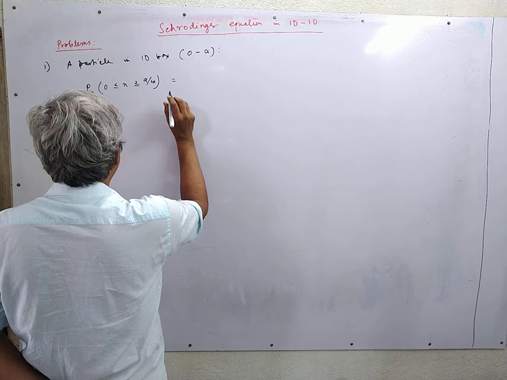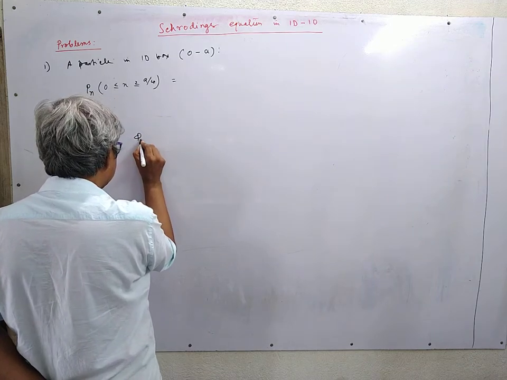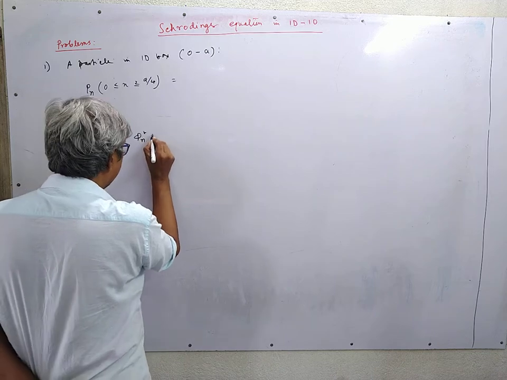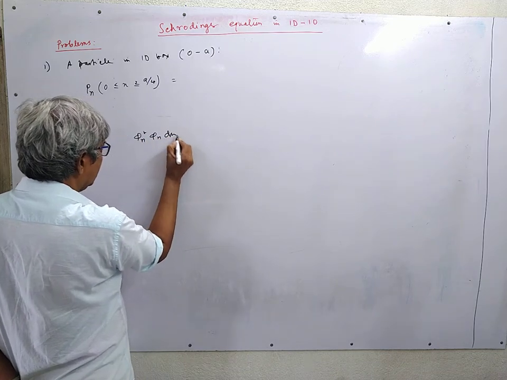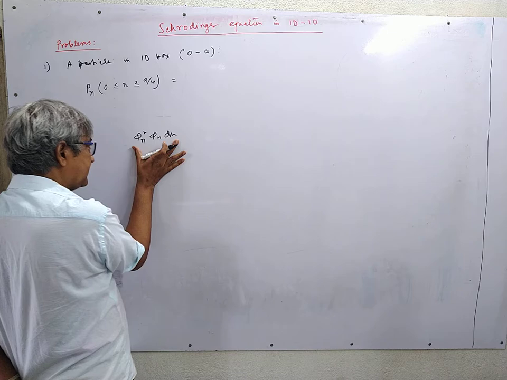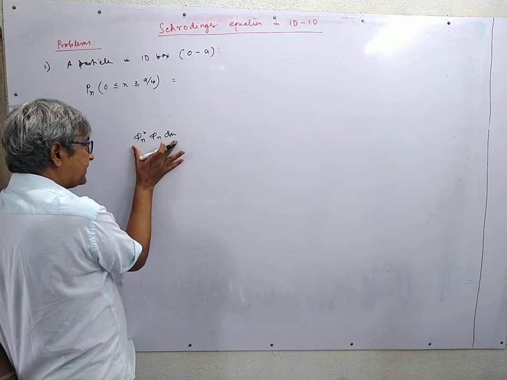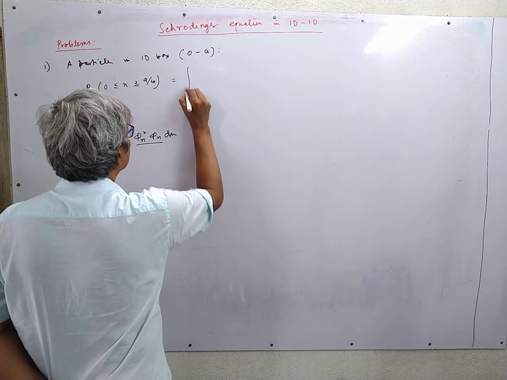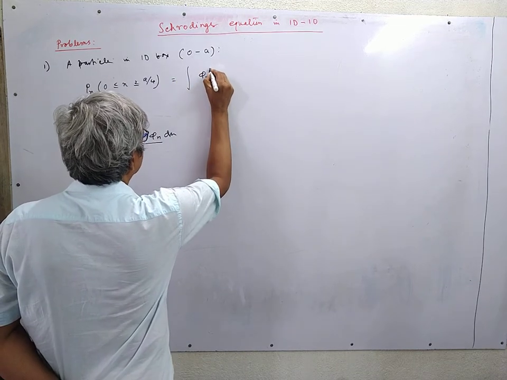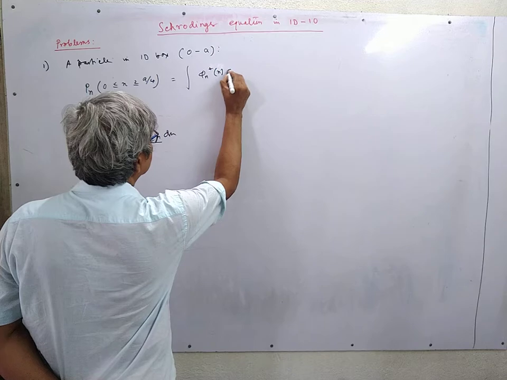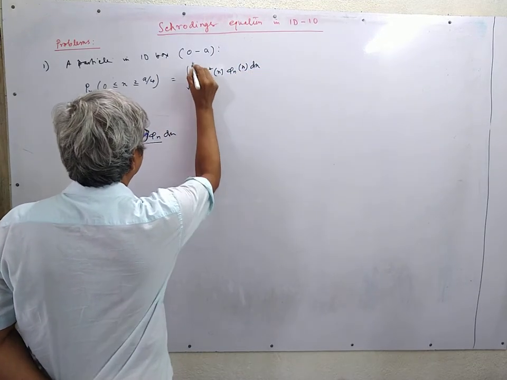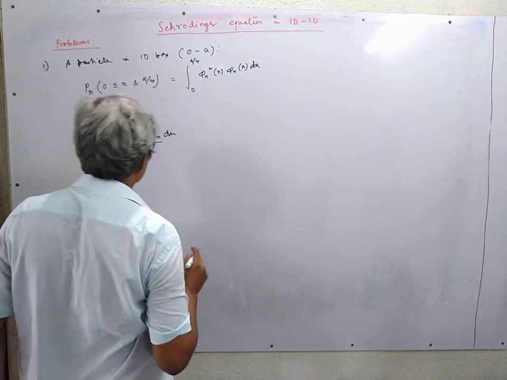The probability of finding the particle between x and x plus dx when it is in a state n is phi n star of x, phi n of x dx, integrated from 0 to A by 4.